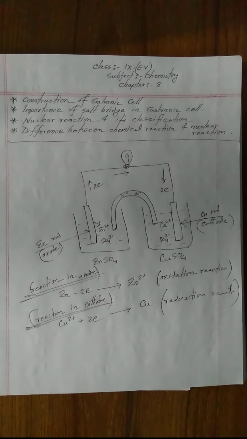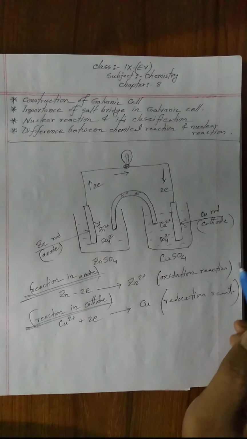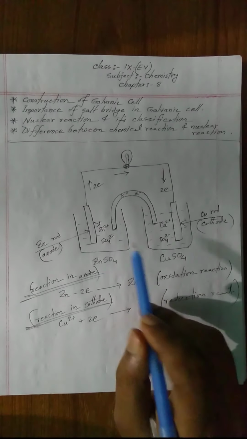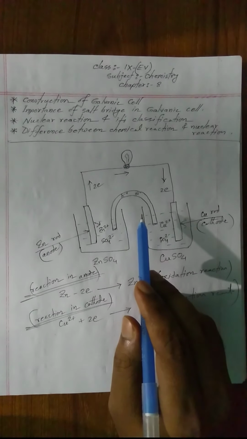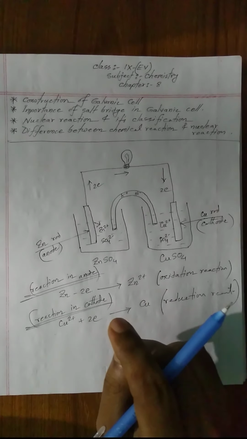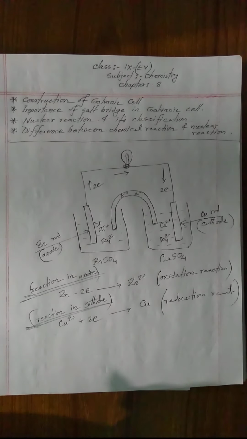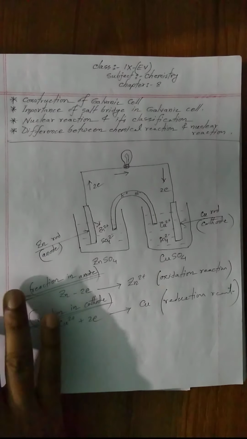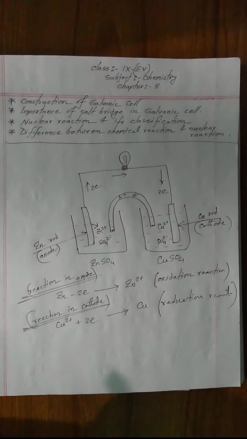The flow of electrons ensures the uninterrupted flow of electricity. So this reaction occurs, resulting in uninterrupted flow of electricity. That means the bulb will be lit.